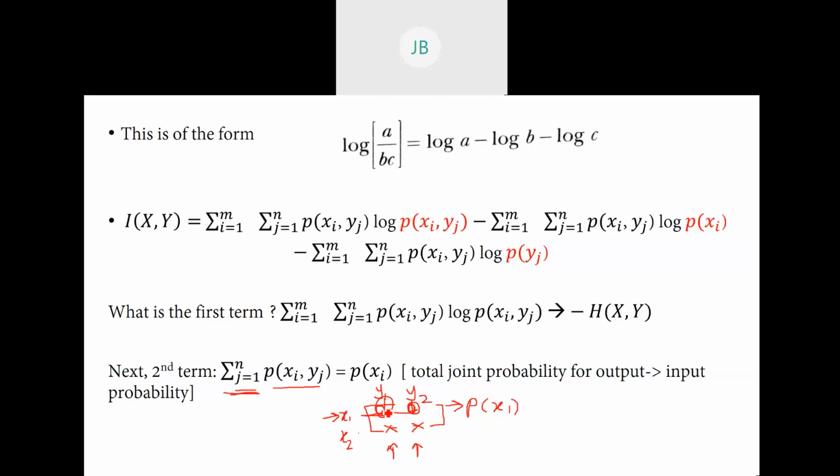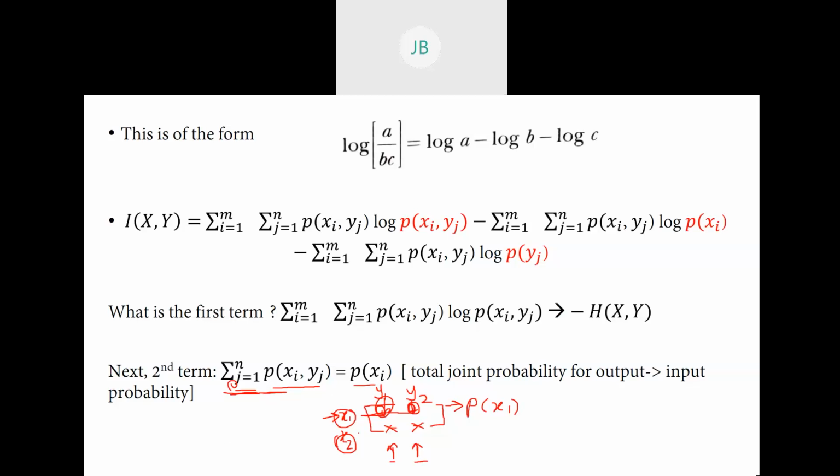So we go to the next column and find the summation, and those summations will give us the probability of x1. Similarly, if we change to these two elements, then we should be getting the probability of x2. So this is the general equation that gives us the probability of input.